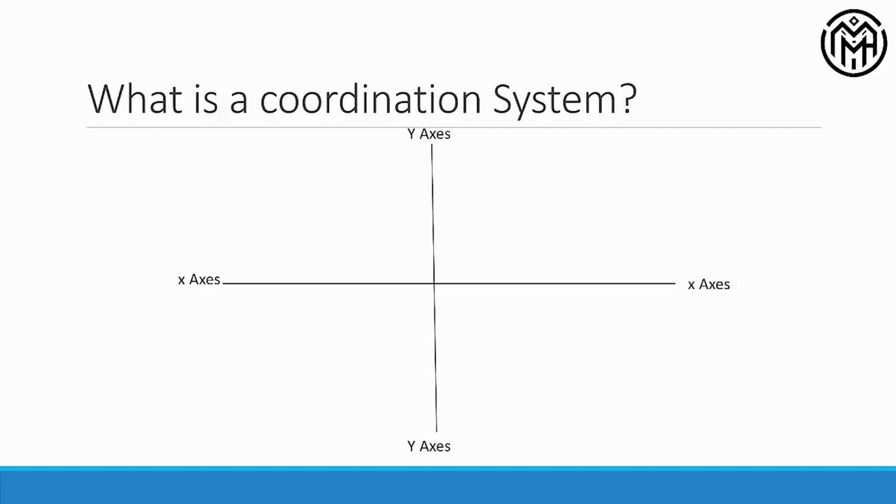And the intersection between those two axes is the origin point, which is 0 and 0. When you move up along the y-axis from the origin and right, you get positive values. And when you move left and down, you get negative values.